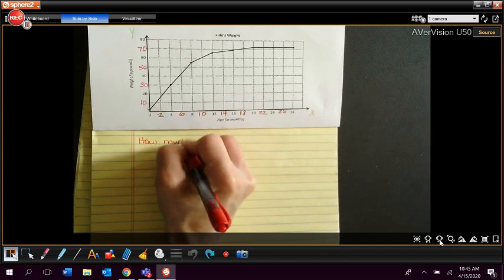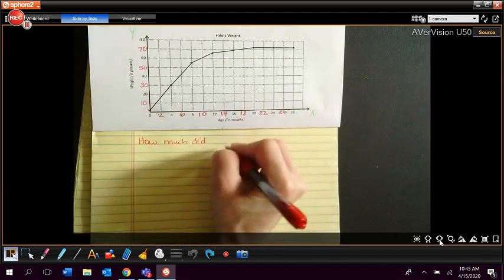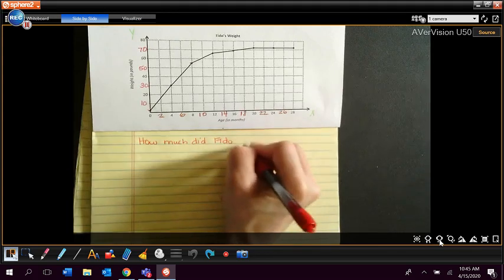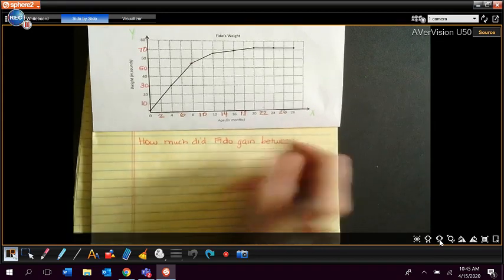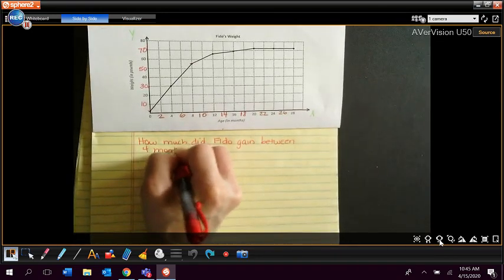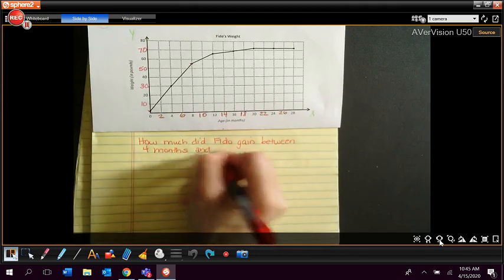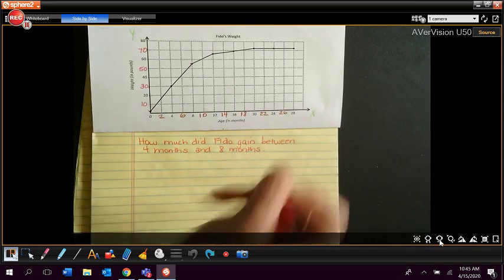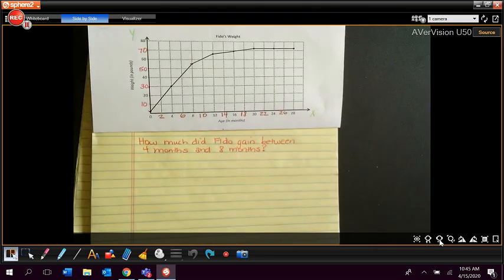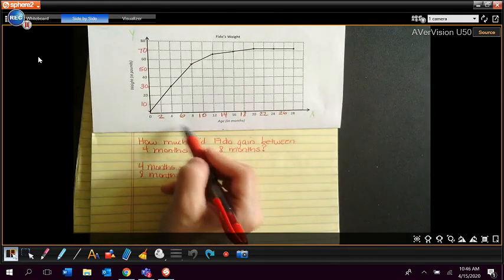How much did Fido gain between 4 months and 8 months? What I want you to do is pause the video and try to find this answer looking at our data in our graph. And once you know the answer, you may press play. All right, so for this one, it's asking how much he gained between 4 months and 8 months.